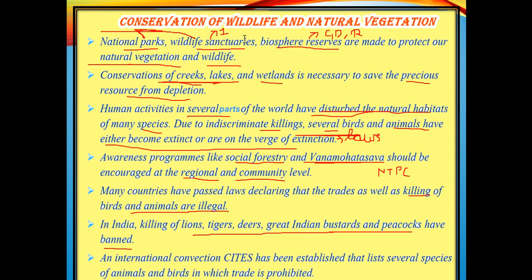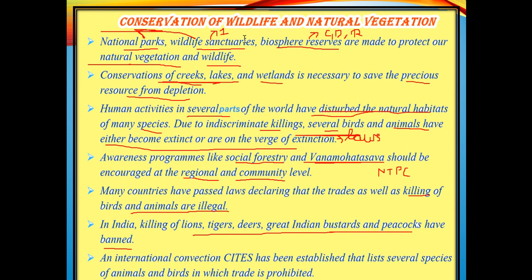Now, the full form of CITES is the Convention on International Trade in Endangered Species of Wild Fauna and Flora, also known as the Washington Convention, a multilateral treaty to protect endangered plants and animals. So, it is basically the Convention on International Trade in Endangered Species of Wild Flora and Fauna.